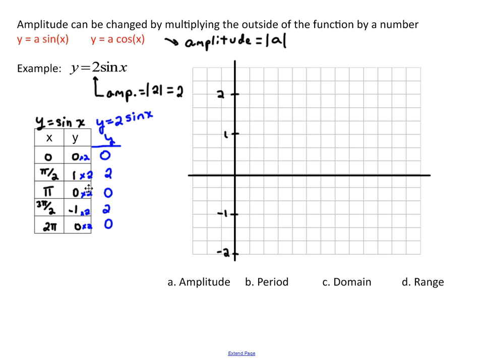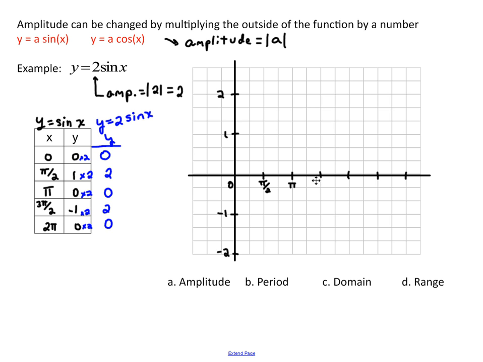All right, and our key points go from 0 to 2 pi for one basic period, so we're going to go 0 to 2 pi also. Here's 0, here's pi over 2, here's pi, here's 3 pi over 2, here's 2 pi. If I kept on going, I would have 5 pi over 2, and I would have 3 pi, and so on.